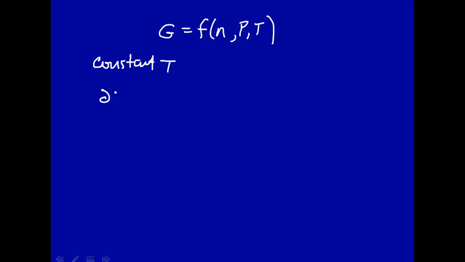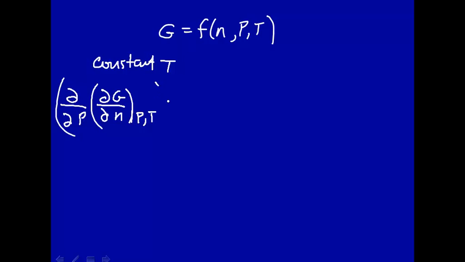So let's take the derivative of G with respect to number of moles at constant pressure and temperature, and then take the derivative of this with respect to pressure at constant number of moles and what else? Got temperature here. Now we have two things you have to hold constant because we have three variables.